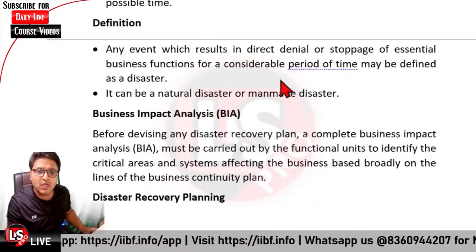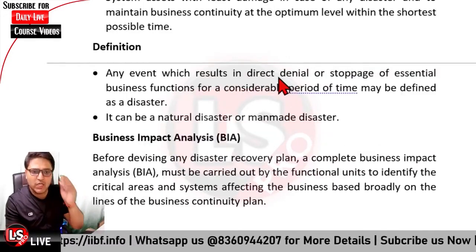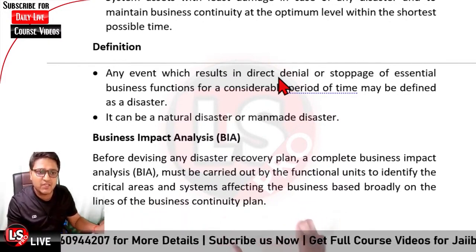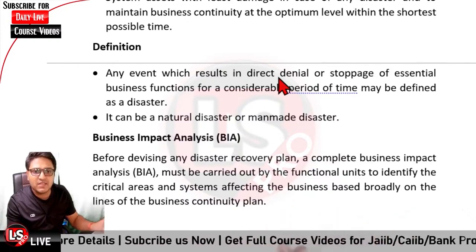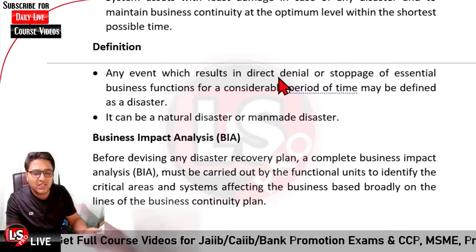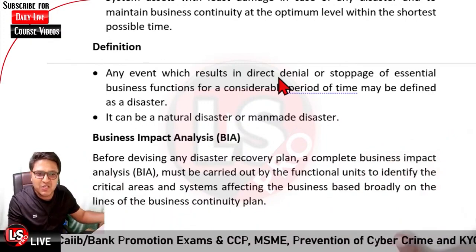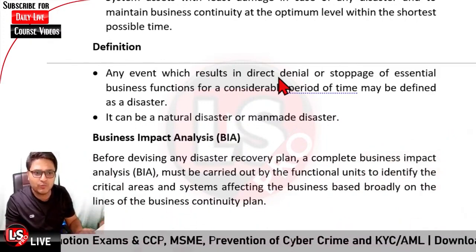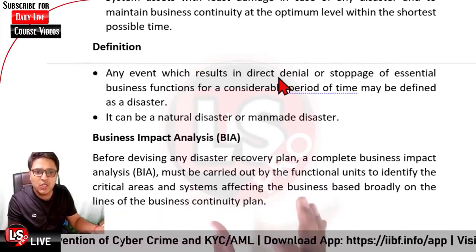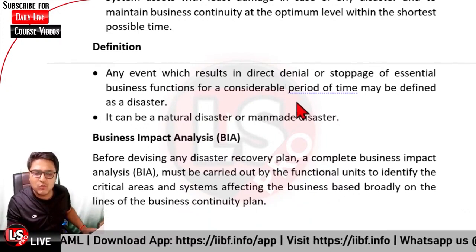So what is BIA? First of all, BIA is business impact analysis. Whenever we devise any kind of disaster recovery plan, a complete business impact analysis must be carried out. Whatever functions we are doing, which are the critical functions, and which functions can have time put upon them because they are not that critical, all must be looked into, and on the same lines the business continuity plan, said to be BCP, must be designed.